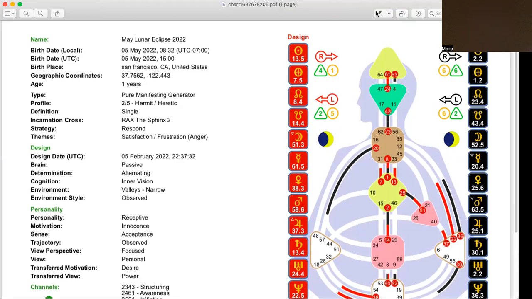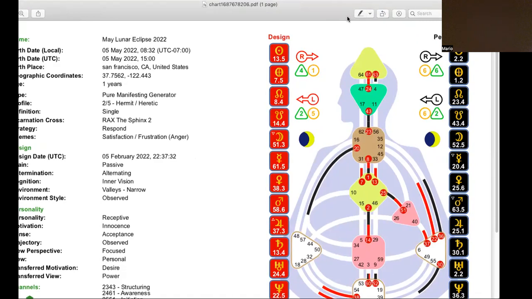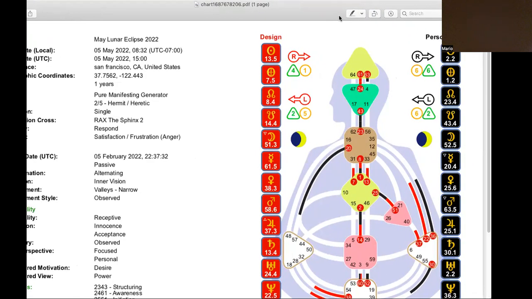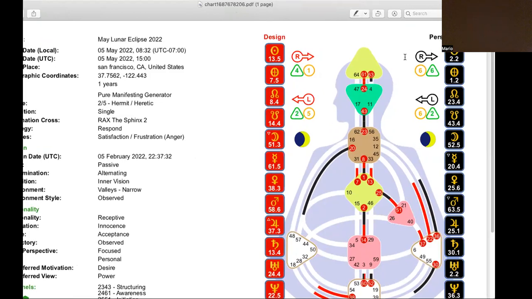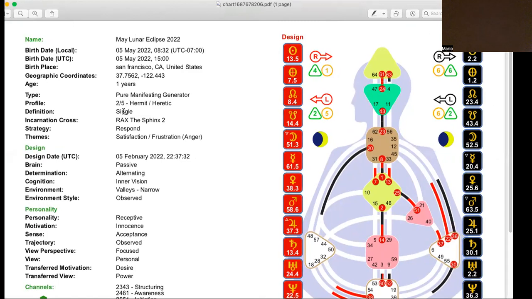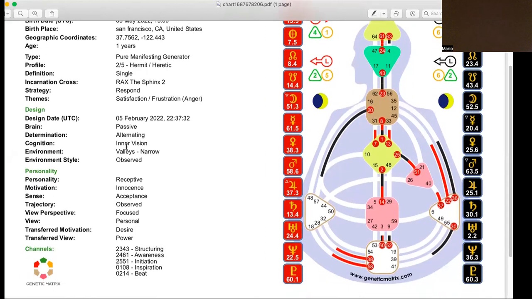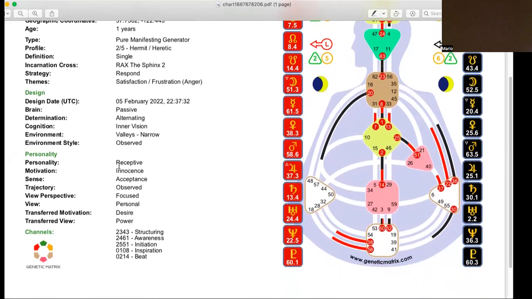On the right-hand side, we have the personality column. We also have two variables here, both right and left facing as well. And these represent, when we look at the personality, the type of personality, the type of motivation, the type of sense, the type of trajectory, the type of view perspective, the type of view, the transferred motivation, and the transferred view.